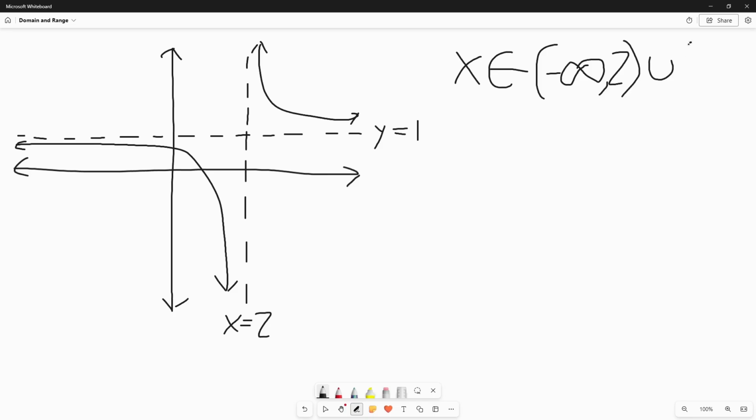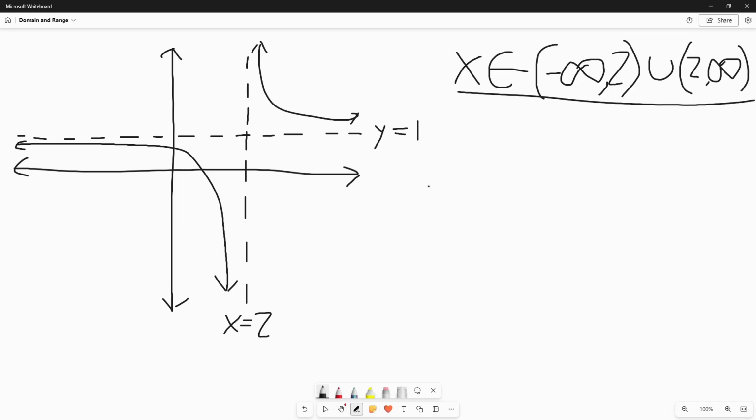So we would write just another one over here, from 2 to infinity, parentheses. So this is our domain: x exists in -infinity, 2, this symbol, which is called a union, 2, infinity.